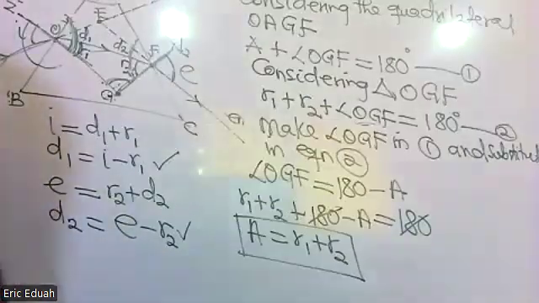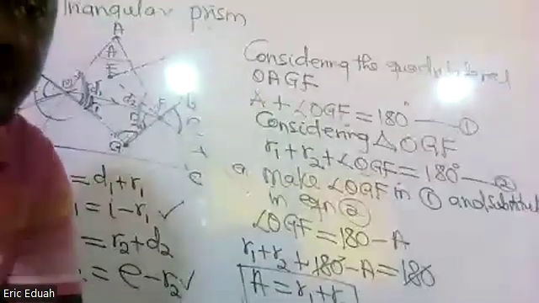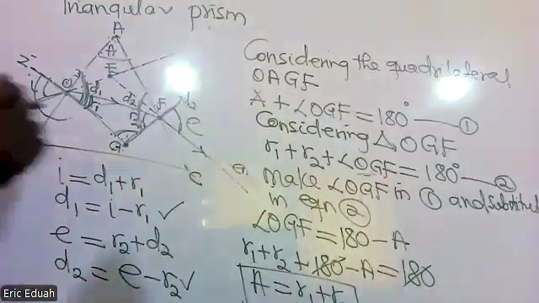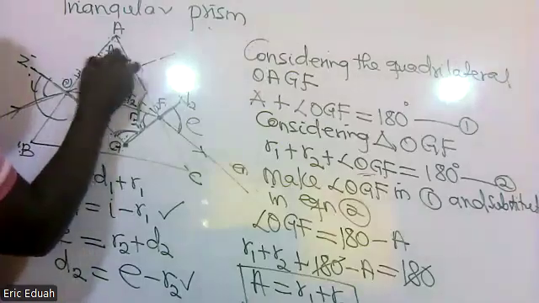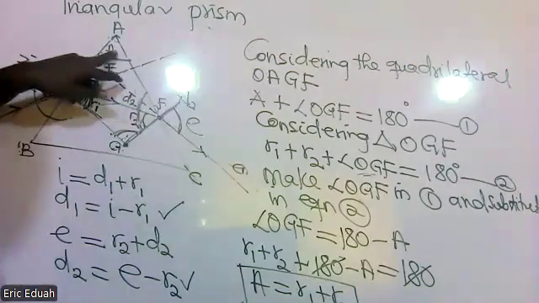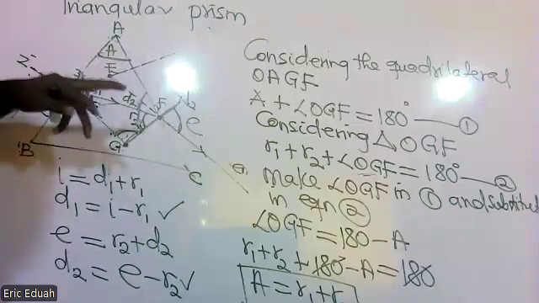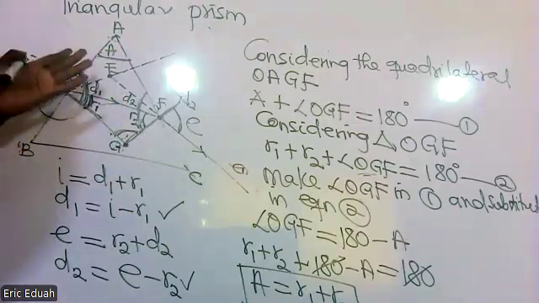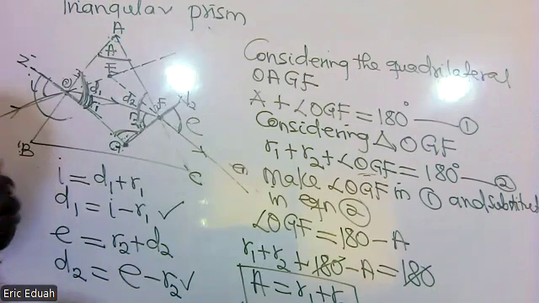What does it mean? I earlier said that different triangular prisms have different refracting angles, or angle of prism, labeled as A or whatever letter you use to represent it.